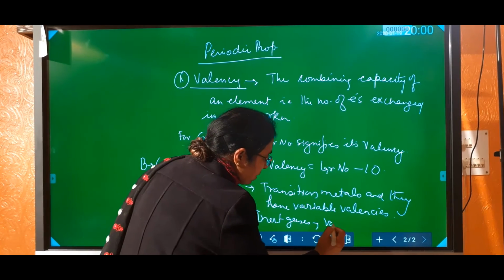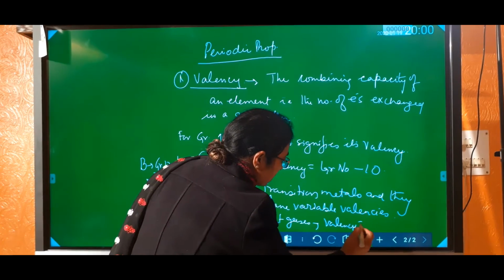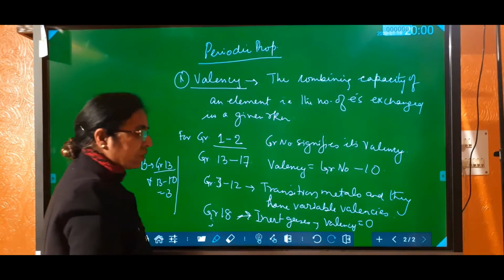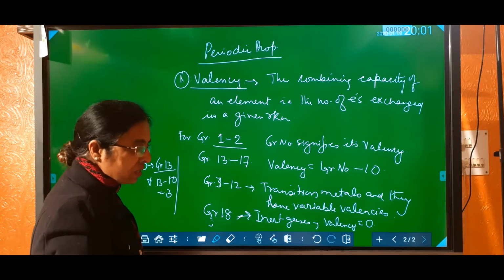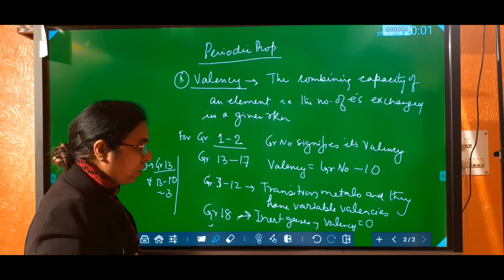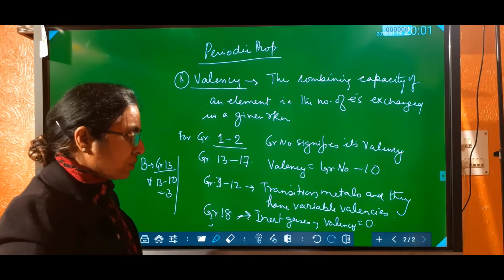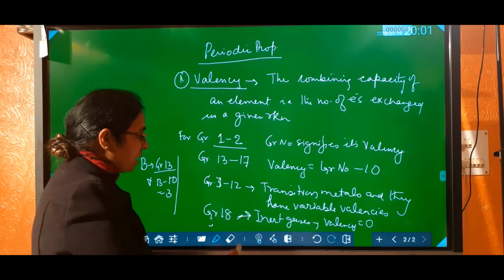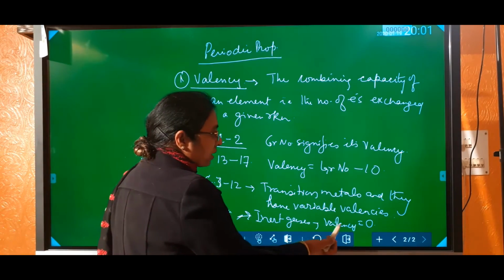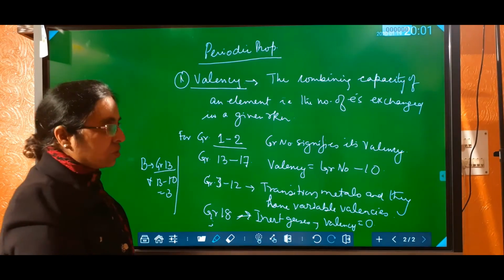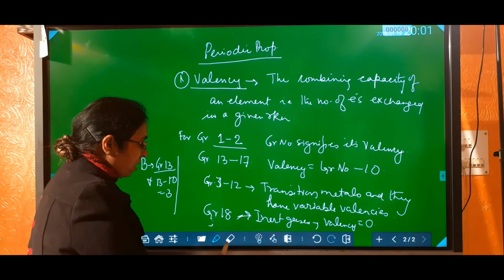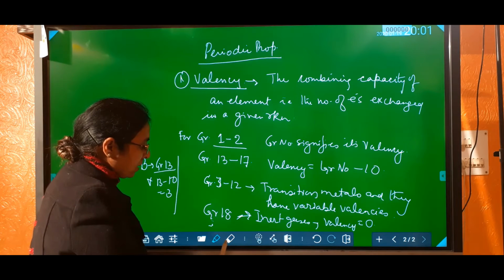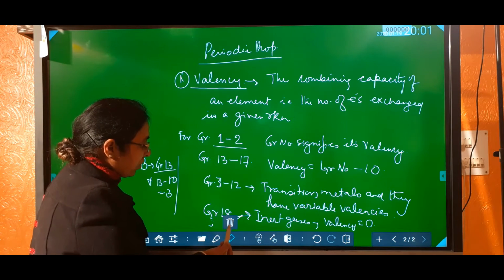For them the valency is 0 because they will not react. Only some inert gases such as xenon will form some compounds, but otherwise they are not reactive, so the valency is 0. Now this was about valency. Now let us see the trend in valency.